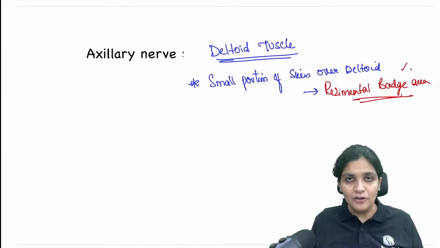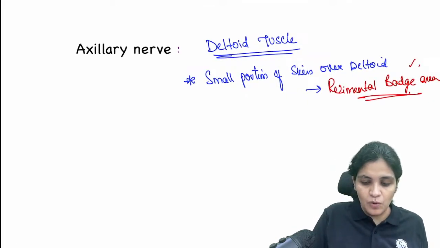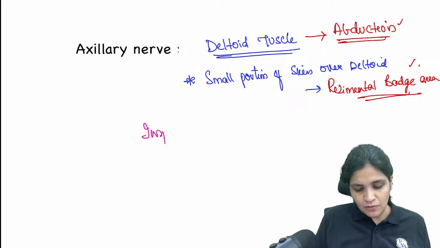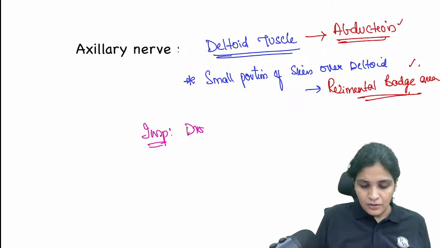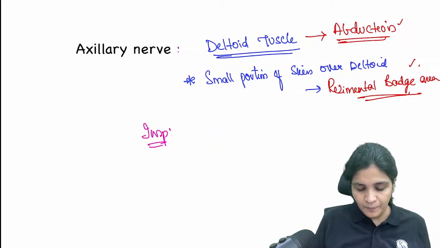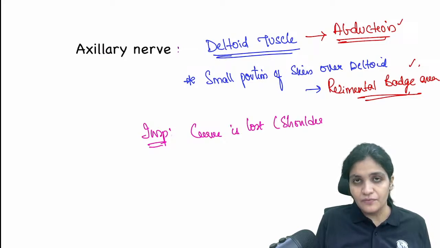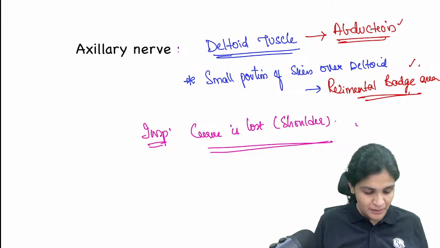So it supplies the deltoid muscles, and the action of the deltoid is what? The action of the deltoid is abduction. So whenever there is, on inspection, what you see is that the deltoid curvature is lost, right? So the curve is lost, the shoulder curve. This shoulder curve is because of the deltoid. So that curve is lost on inspection.